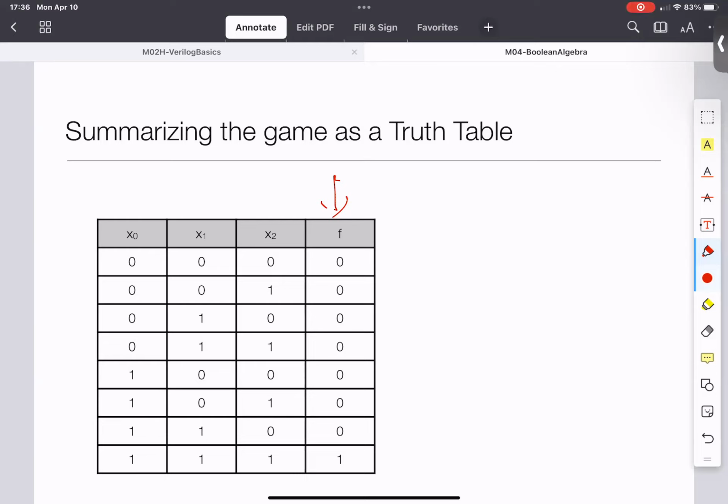Because I have 8 rows. Each column represents a possible function. Since there are 8 rows, each row can take 0 or 1. So there are 2 to the power 8 possible ways I can write the output column, and each one of them represents a function. So 2 to the power 8 possible 3-input functions.